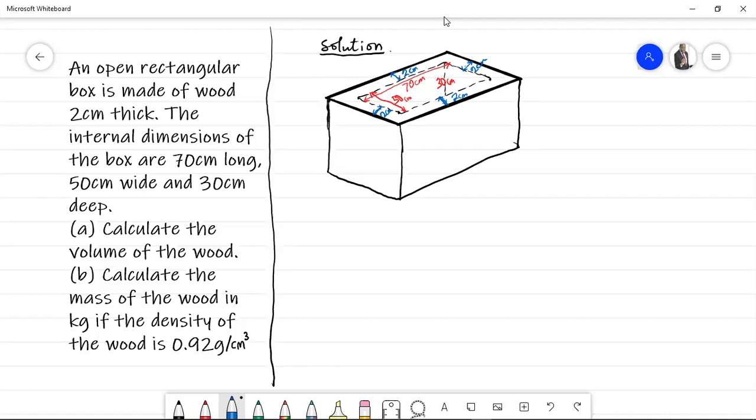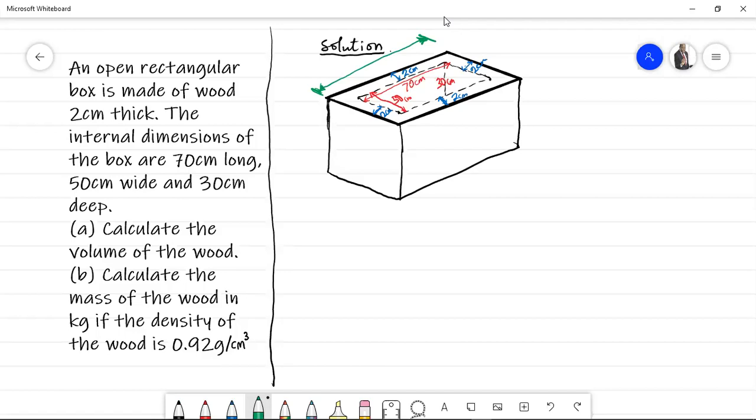Now, you need to relate the internal dimensions of the box to the external dimensions. How will you do that? From here, straight down to the other end here, can be considered as the external length, how long it is externally.